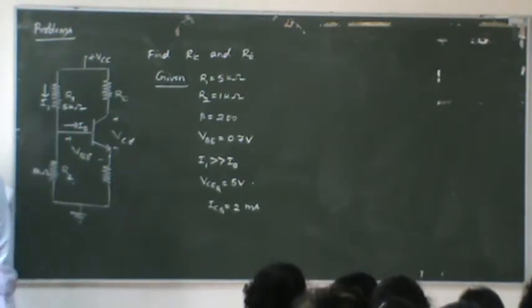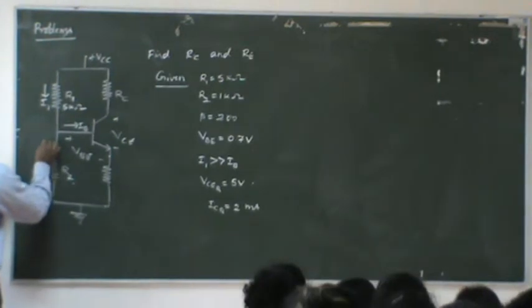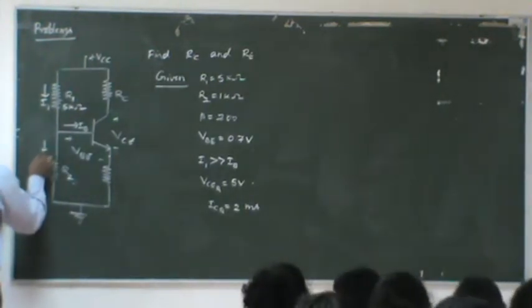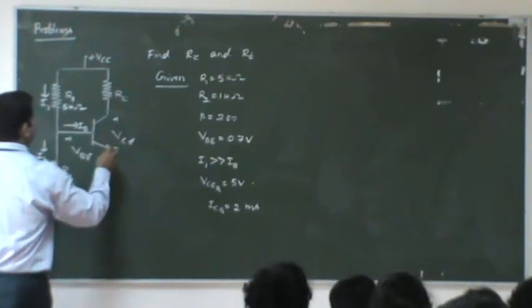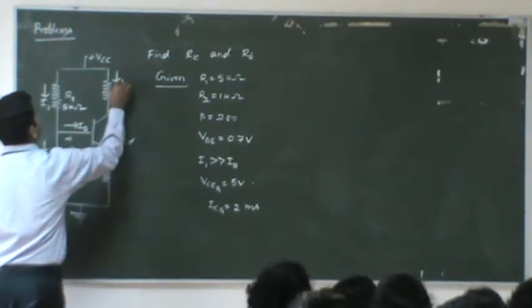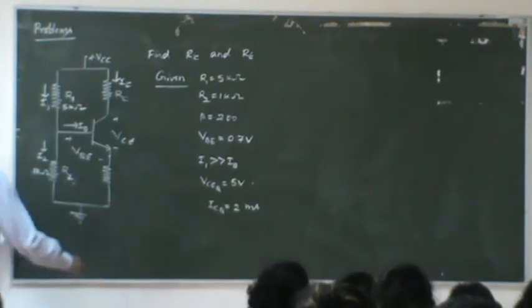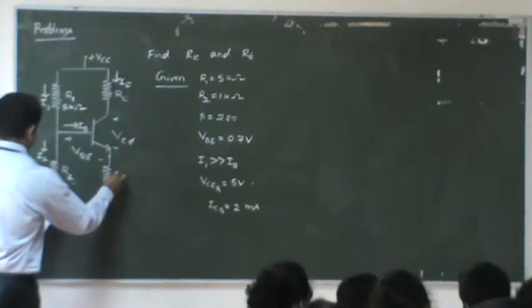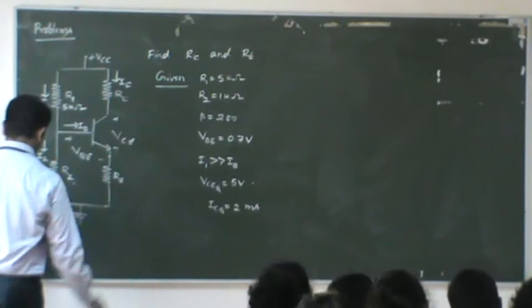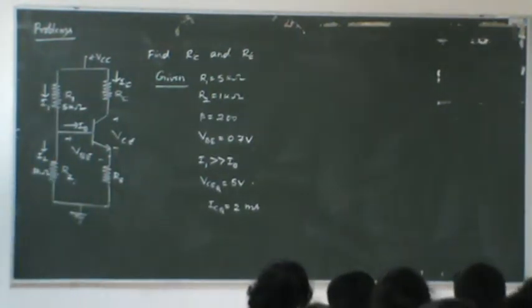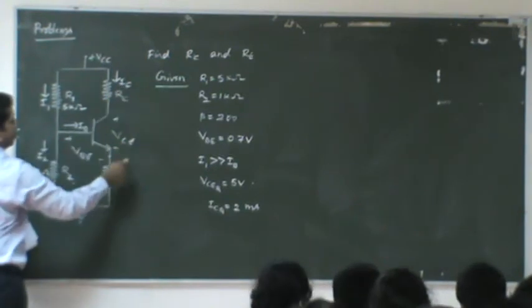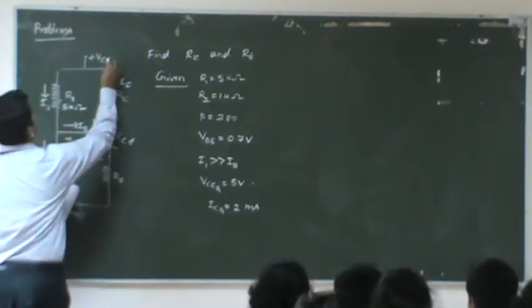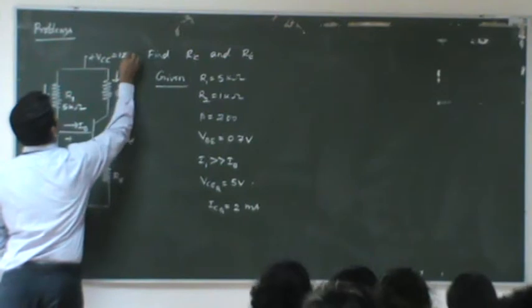And everything else is as usual. This is IC, the current flowing in the resistance. You want to find out these two: one is RC, the other one is RE, and VCC is given as 12 volts.